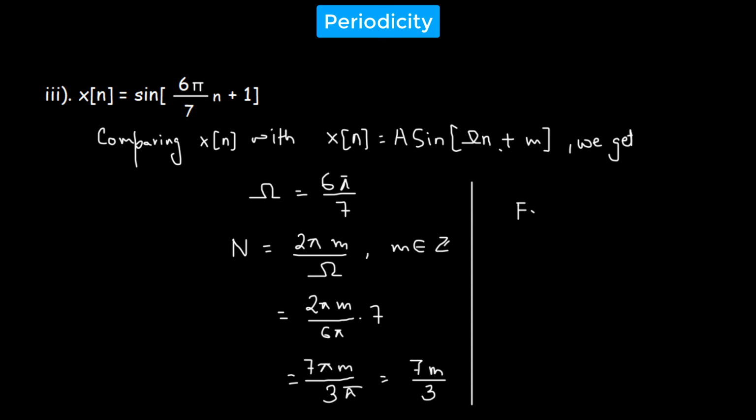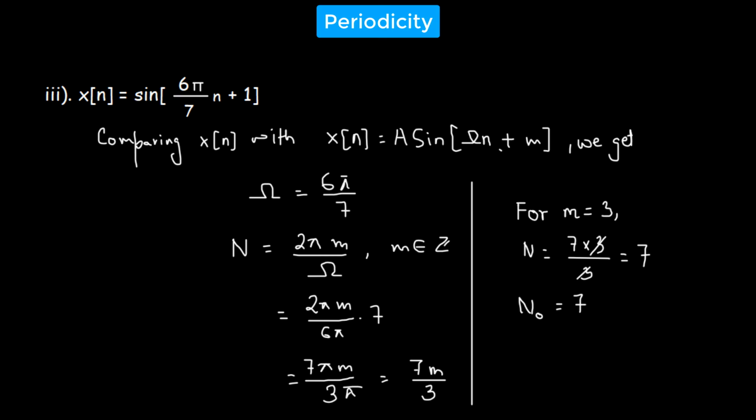So for m equals 3, we obtain the lowest integer value of N. So we'll get N equals 7 multiplied by 3 divided by 3. So that gives us an integer value of 7. So this will become our fundamental period.